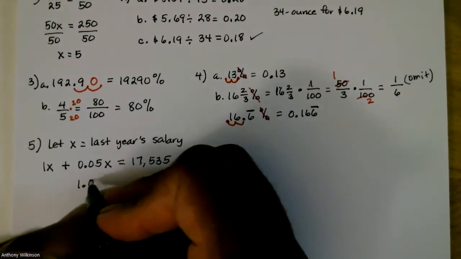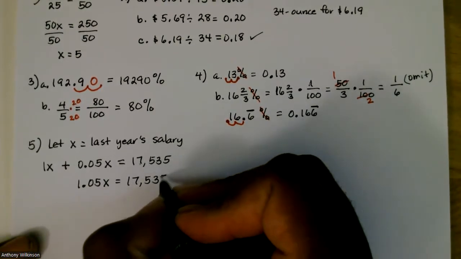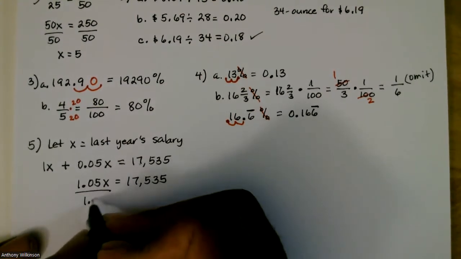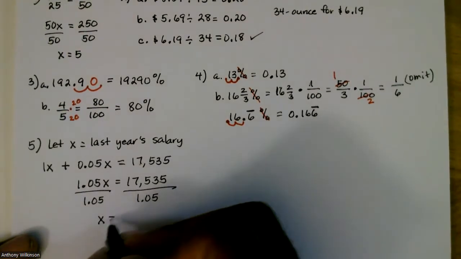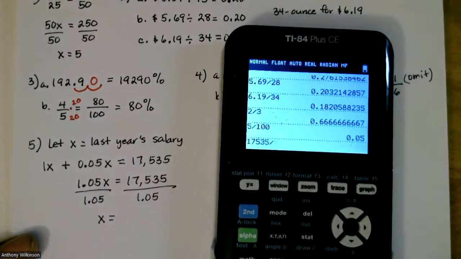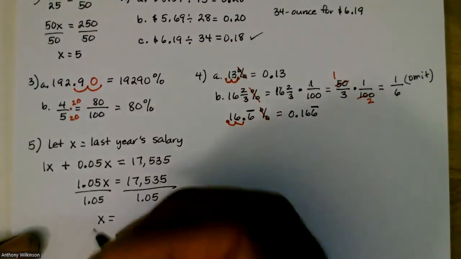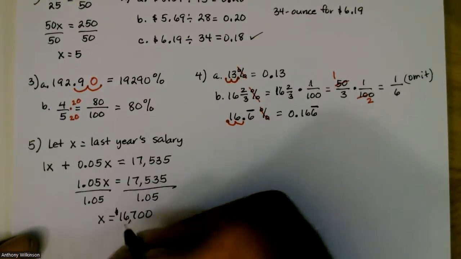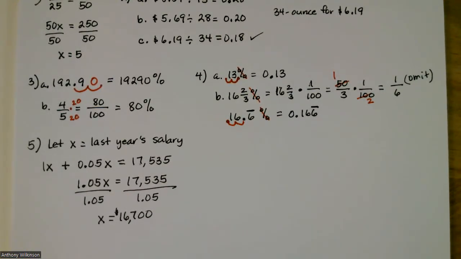So I have 1.05X equal to 17,535. And then to solve this equation for X, I'll divide both sides by 1.05. So X is equal to 17,535 divided by 1.05, that'd be 16,700. So her salary last year was $16,700.